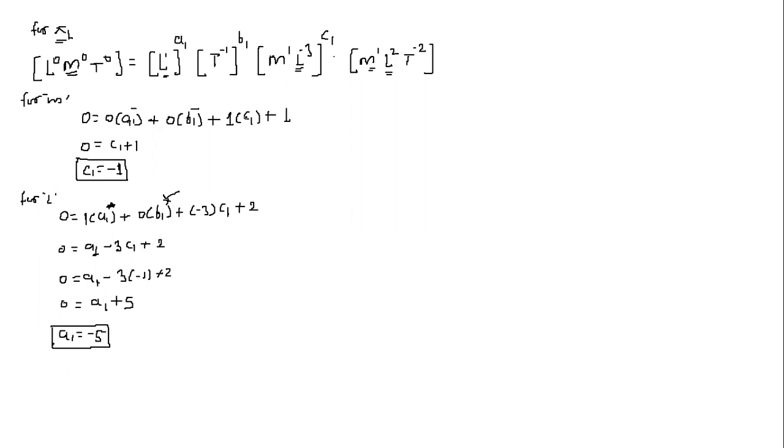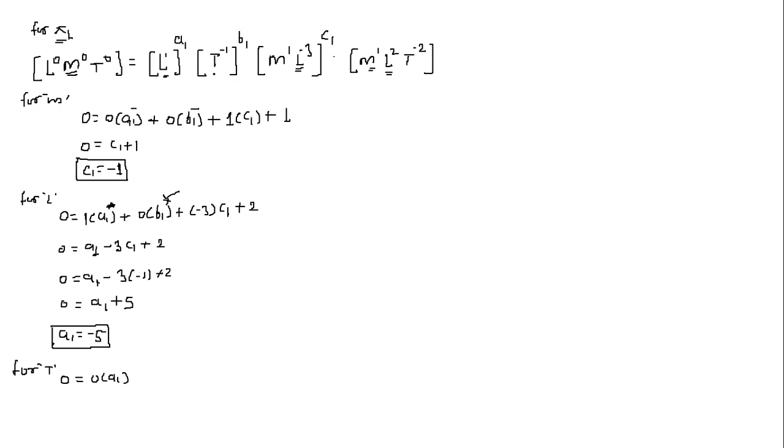So we got constant A1, we got constant C1. Now what remains? Constant B1 remains. So what will be required to do? We need to compare the power for the remaining dimension, that is T. So we'll go for comparing the power for T. Left hand side is 0. 0 is equal to, in the first term there is no T, so that will be 0 into A1.